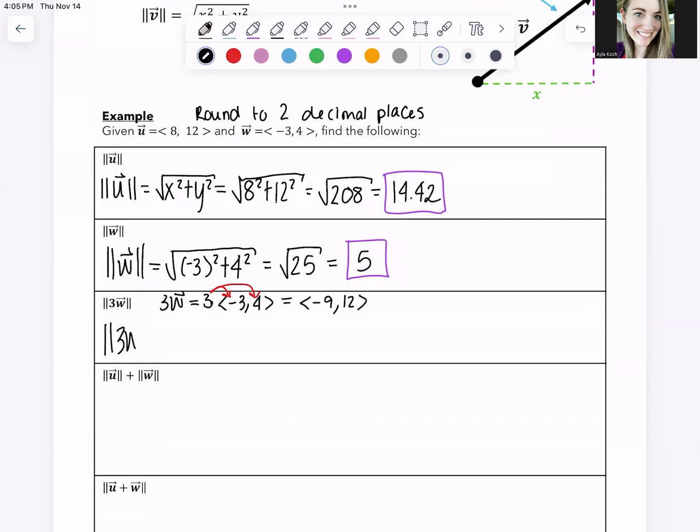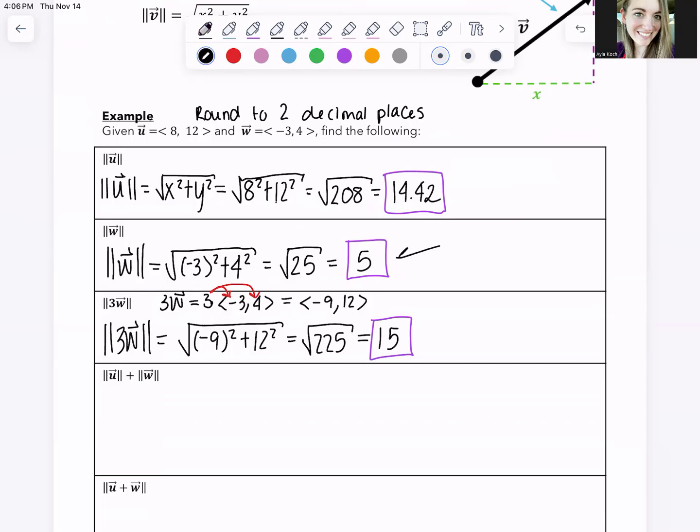I'm going to use that when I find its magnitude. So we have negative 9 squared, in parentheses, plus 12 squared. This becomes the square root of 225, which is 15.